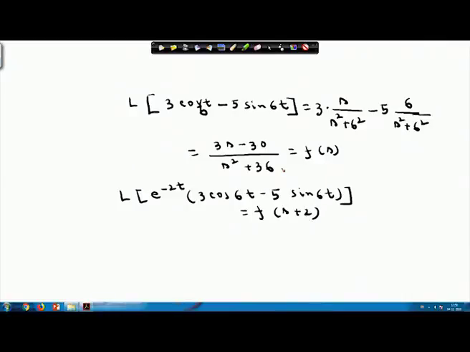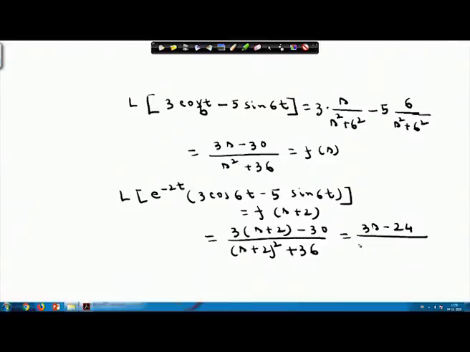So, F of (s plus 2) is nothing but 3 into (s plus 2) minus 30 by (s plus 2) whole square plus 36. This equals (3s minus 24) divided by (s square plus 4s plus 40). You see the simplest calculation.